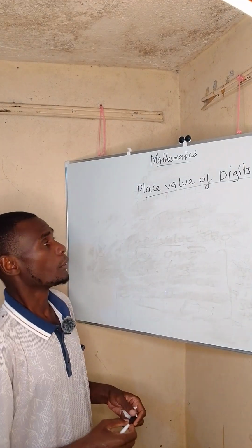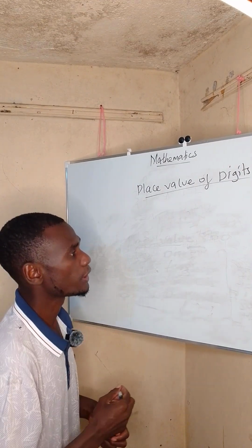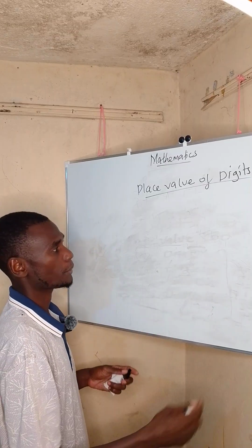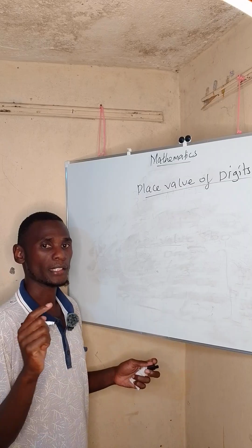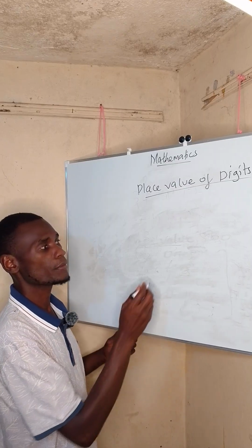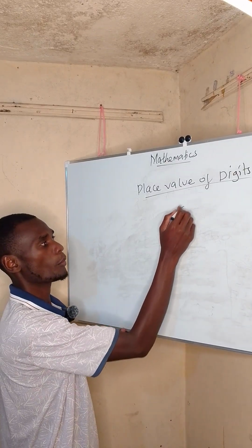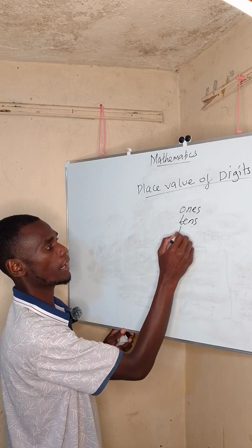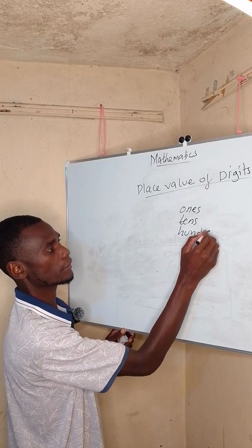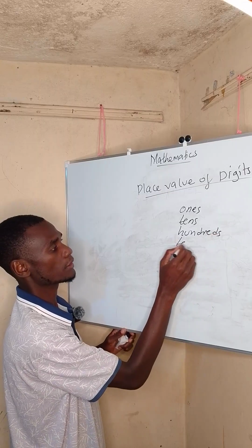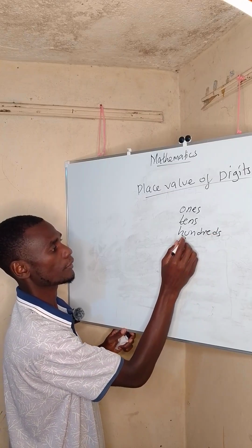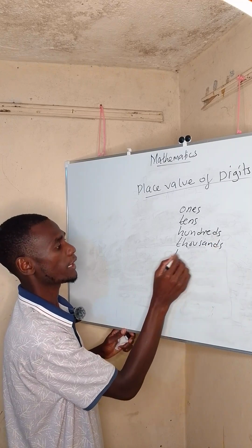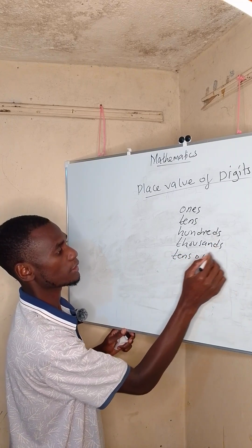Now, grade 5 has moved a step because when they were in grade 4, they did place value from ones, tens, hundreds, thousands, and tens of thousands.